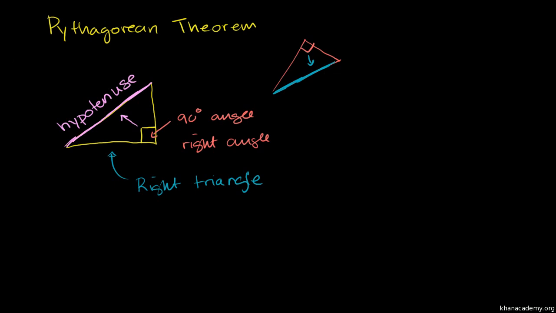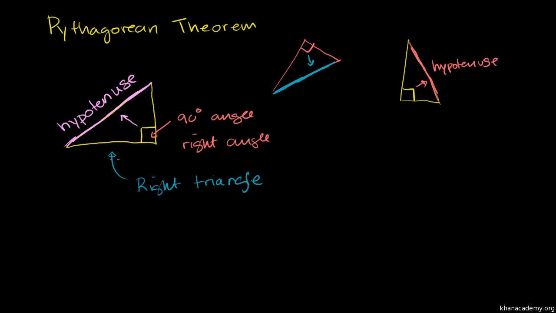It is the longest side. Let me do one more, just so that we're good at recognizing the hypotenuse. So let's say that that is my triangle, and this is the 90 degree angle right there. And I think you know how to do this already. You go to where the right angle opens into, that is the hypotenuse. That is the longest side. So that is the hypotenuse.